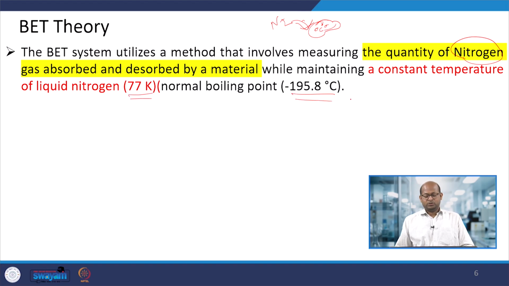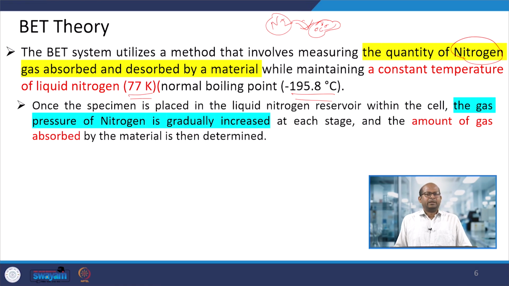The amount of nitrogen molecules that get adsorbed at different partial pressures we will maintain, or by pulse chemisorption, nitrogen molecules will be placed in the vacuum chamber where the material is placed. After that, the amount of nitrogen adsorbed on the surface of the material we can quantify and note down in the program of the apparatus, so that we can get individual points.